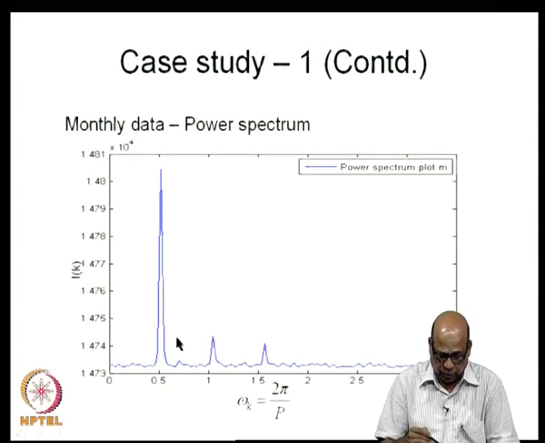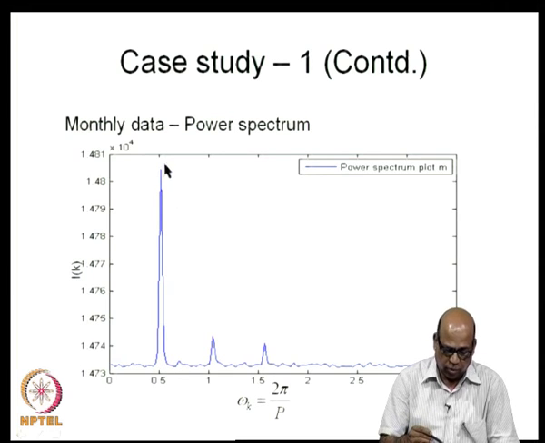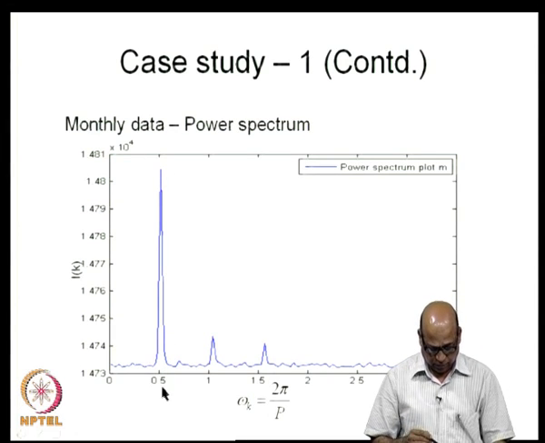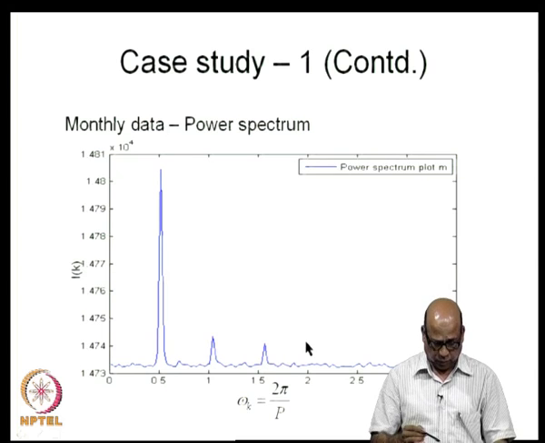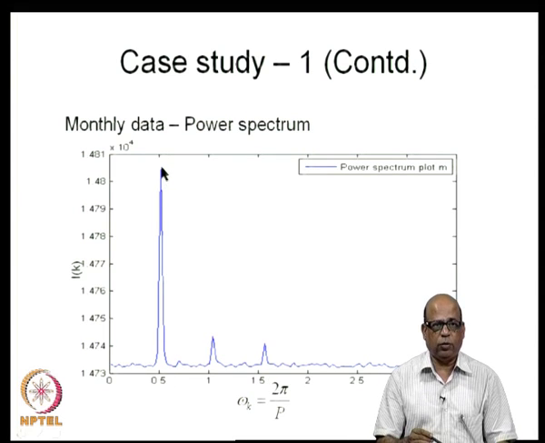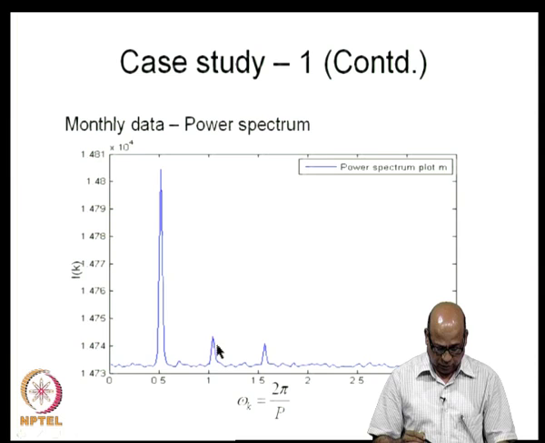When I plot the power spectrum, I get peaks somewhere around 0.52 or so, then 1.23 and so on. If we use Wk equal to 2 pi by p and put in the associated Wk value, this corresponds to a periodicity of 12 months, this 6 months, 4 months and so on.